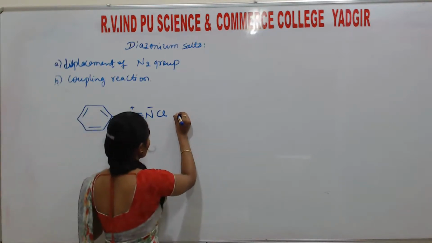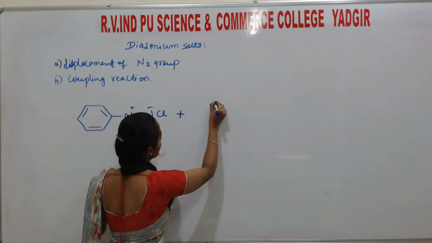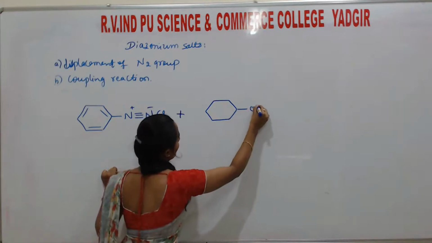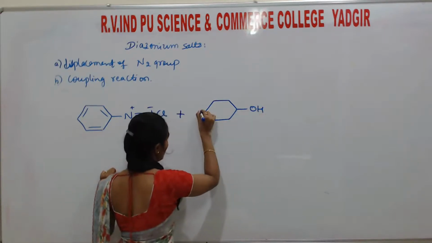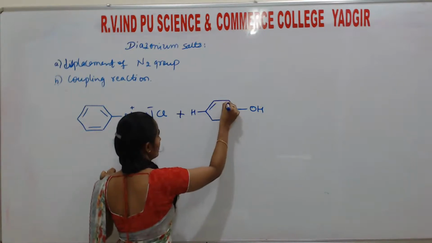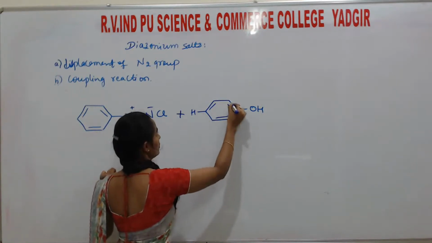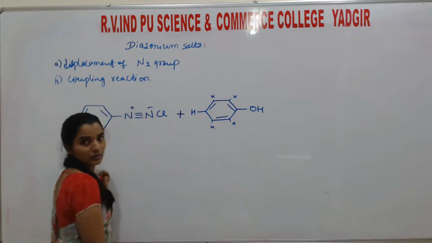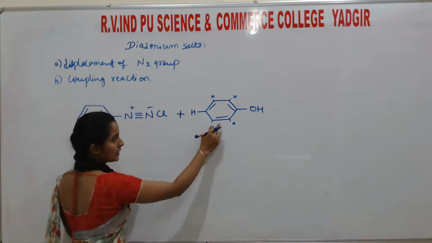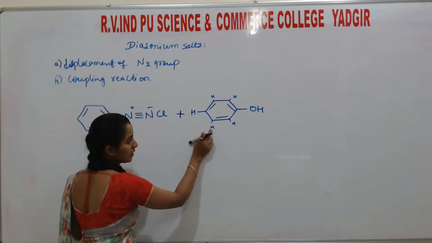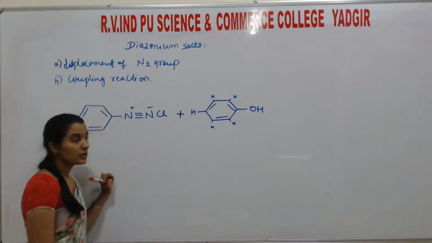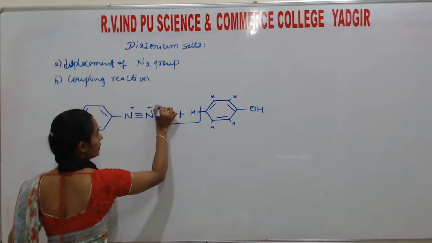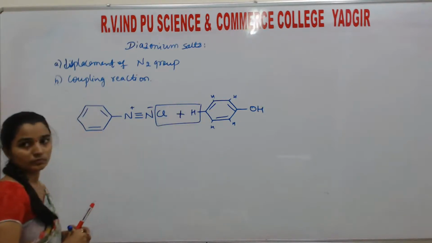Next, here what happens when it reacts with phenol? If nothing is there, your hydrogen is there, correct? Understand? So this is C6H5OH, right? Where is that H? Here. So here what happens? What is this coupling reaction? This HCl is removed from here. Okay?